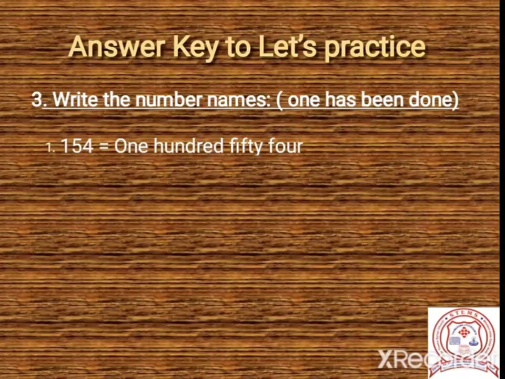First question is 154. That is, 1 is in hundreds place, so 154. Next question, 108. Here 1 is in hundreds place and tens and ones number, that is 8, will be written together.